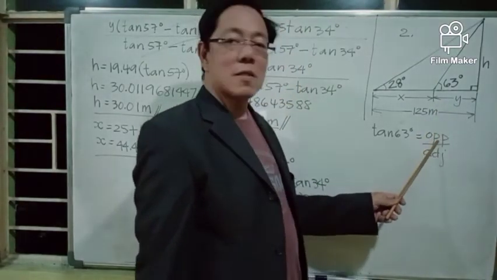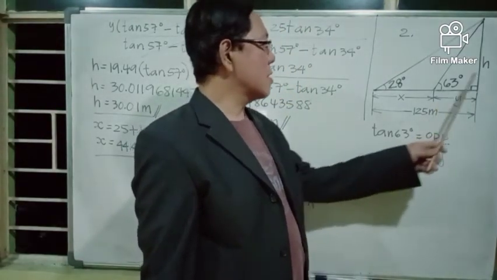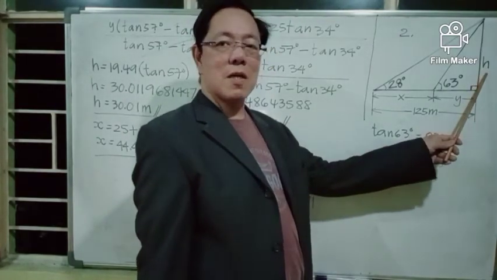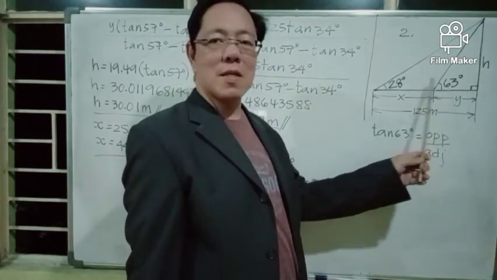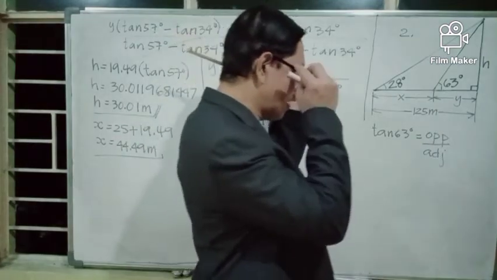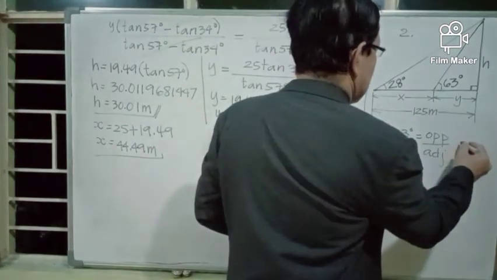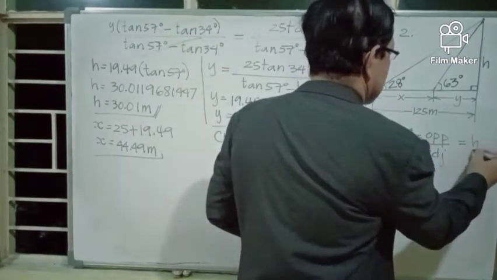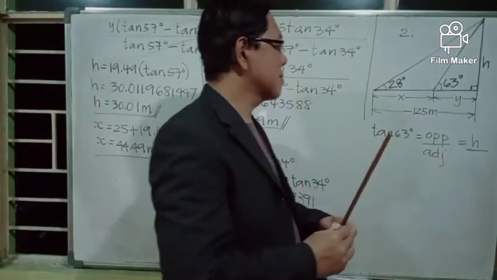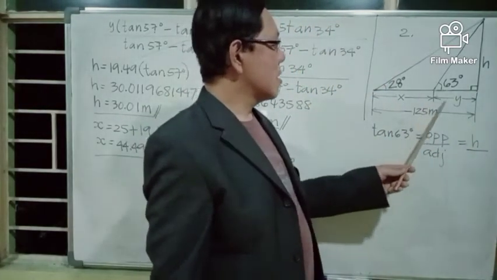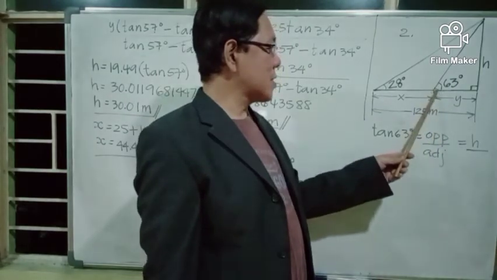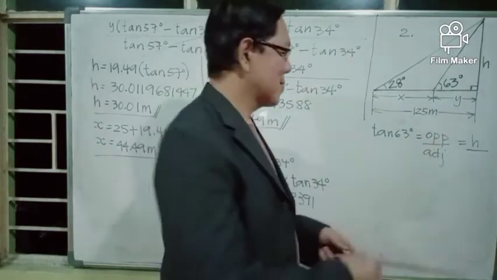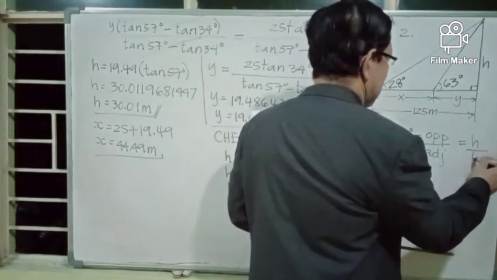And the side opposite 63 degrees is h. H divided by the side adjacent to 63 degrees, which is y.